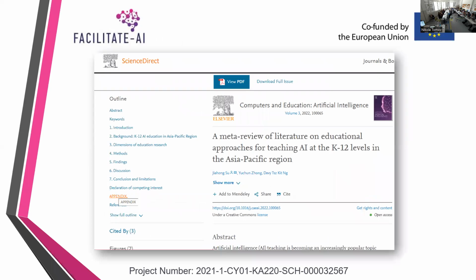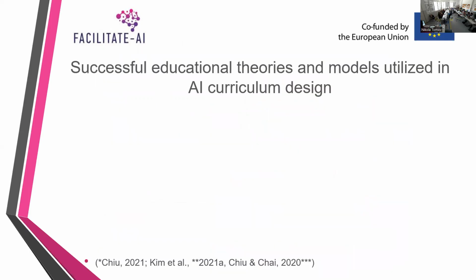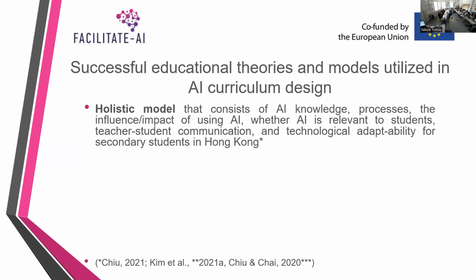Another interesting, very recent paper, I think Grigoris would like this one. It's a meta-review of literature on educational approaches for teaching AI in K-12 in the Asia Pacific region. Okay, it's very specific, but it is what we're trying to do. So this meta-review aids the mapping of existing AI curriculum and activities and so on.